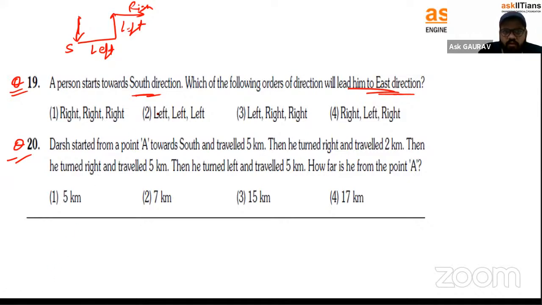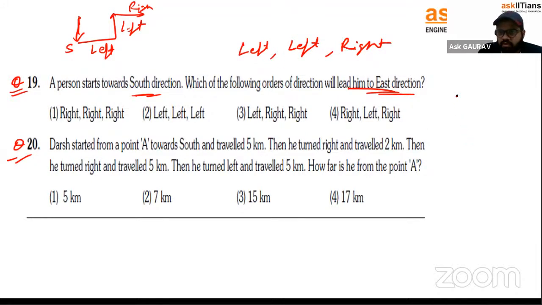Options: left, left, right, left, left, right. No option is there, I guess. I think there is a mistake in the option. Otherwise, left, left, and right.